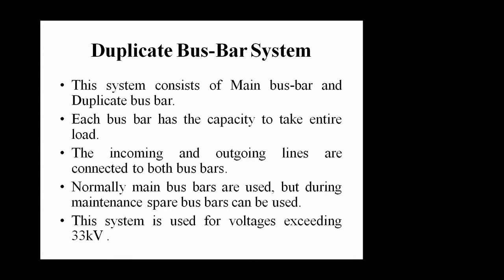So in this system, if any fault takes place, the system continues, there is no interruption in the power supply, and the second or spare bus bar can be used to supply the power. Because of this, this system is used for voltages exceeding 33 kV. So we have a lot of advantage when it comes to duplicate bus bar system.